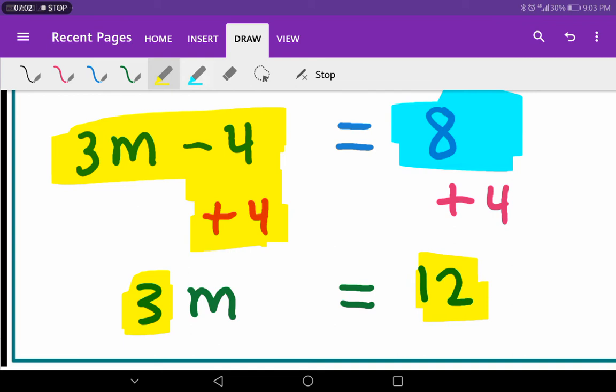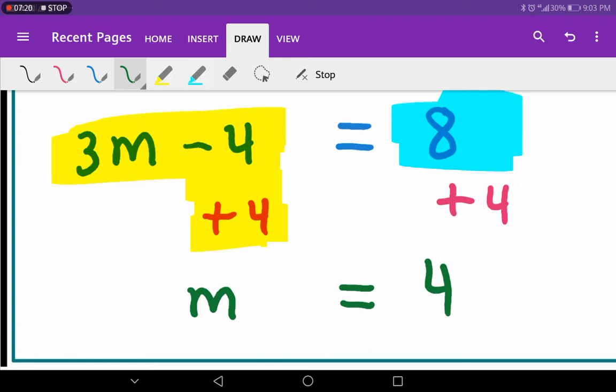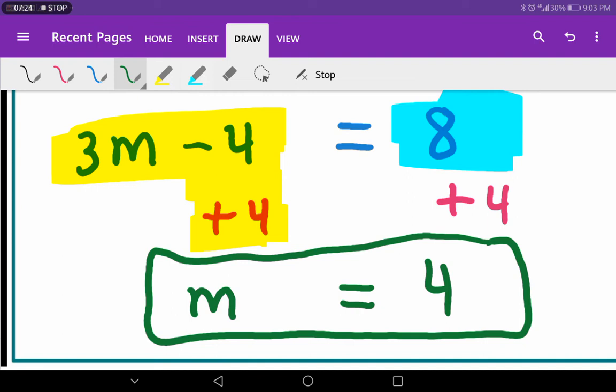Divide both sides by 3. So this will be eliminated. The m now alone and happy, and 12 divided by 3 equal, yes, 4. Great. So m equal 4 is the solution of this equation. That means m equal 4 is the value that makes the equation true.